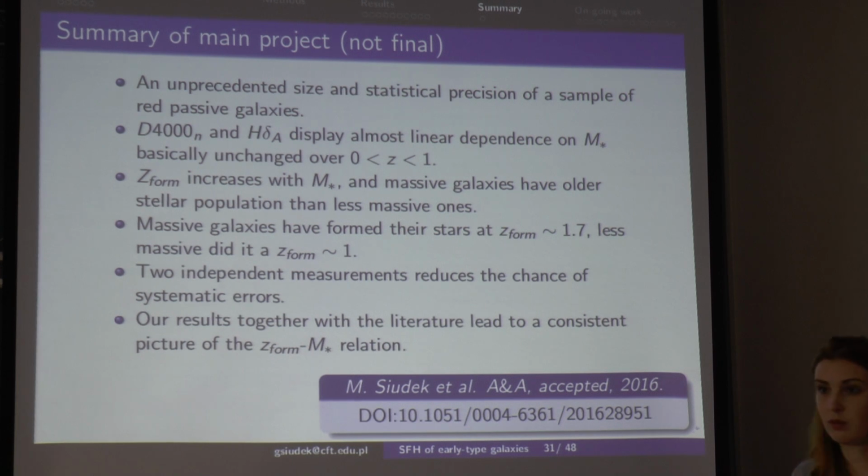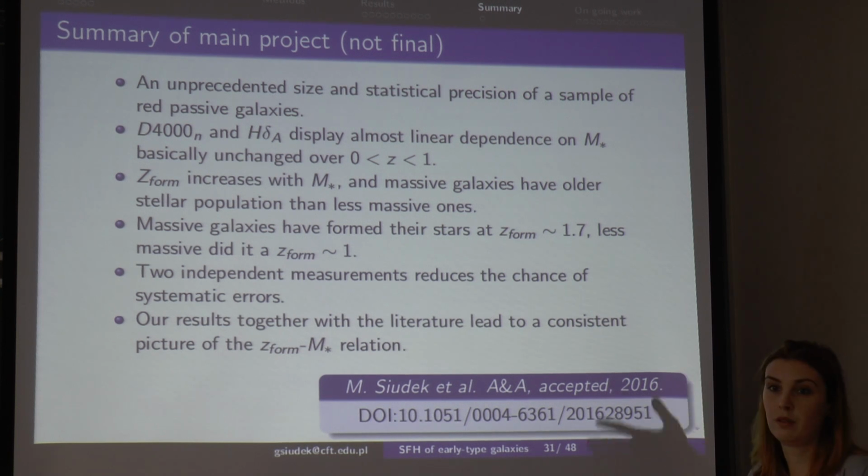So just to give the summary of my main project, which is already completed, and the results will be published this year, we have found red passive galaxies at redshift 1. We have selected a wide sample of 4,000 galaxies.